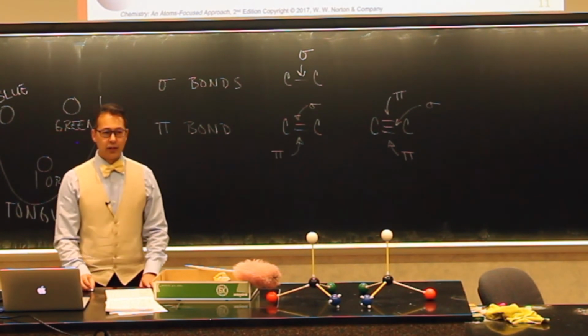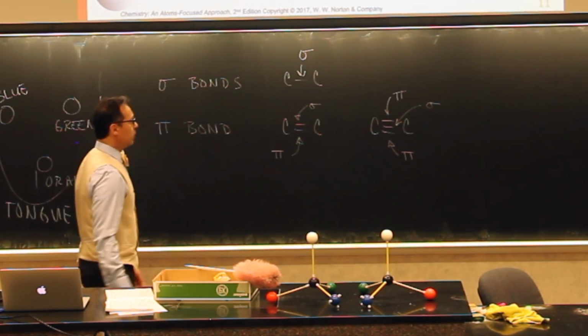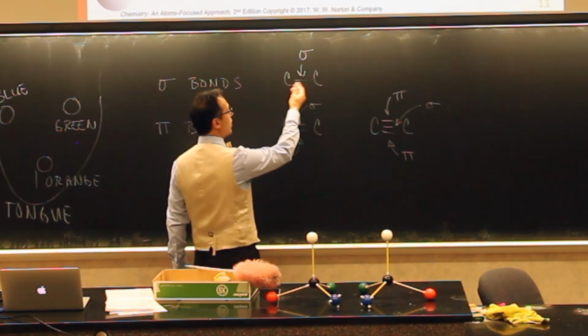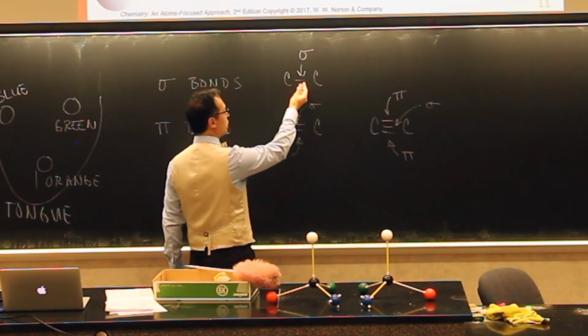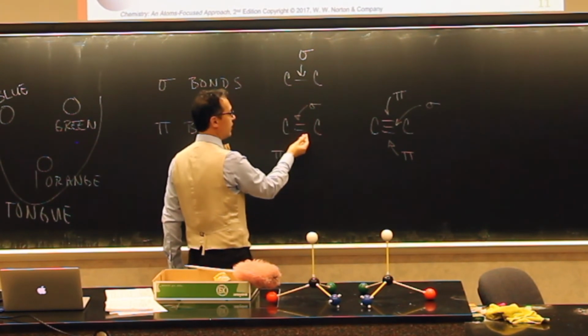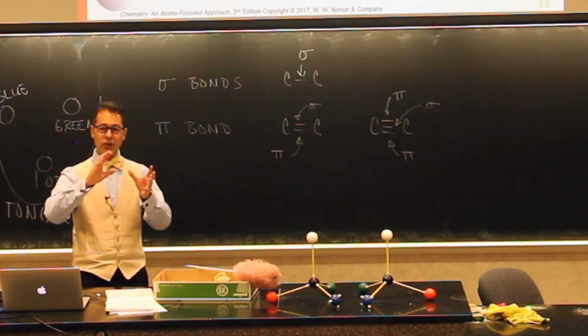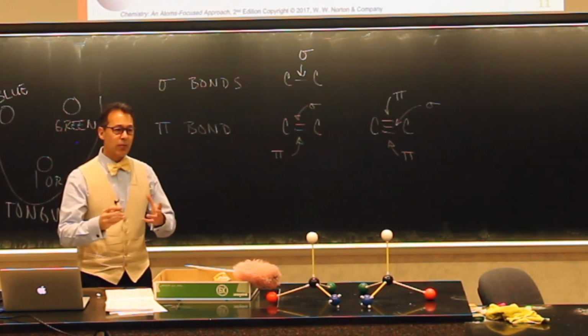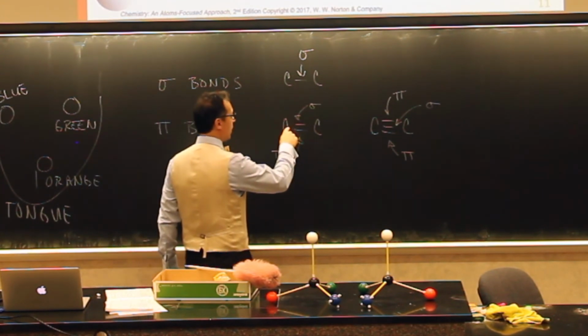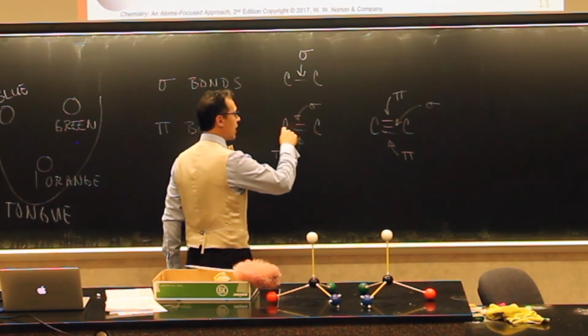And you might ask, who cares? We're just sharing electrons here. What's the difference between this one and this one and this one? Well, it has to do with where the electrons are in the bonds. Sigma bonds are going to be on the direct line, the shortest distance between these two.